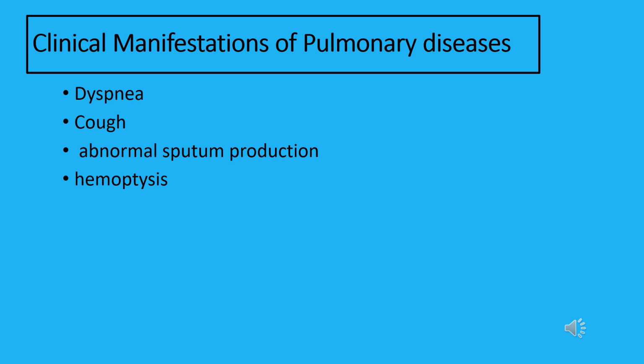Okay. Next is cough. Let us be reminded that our lungs have no pain receptors in them. So if you have chest pain, most likely something is happening outside the lung. What the lung has is an abundant amount of cough receptors, which we know cough is a protective reflex, and naturally the cough receptors are present in order that the lungs will cough out whatever material it doesn't want in.